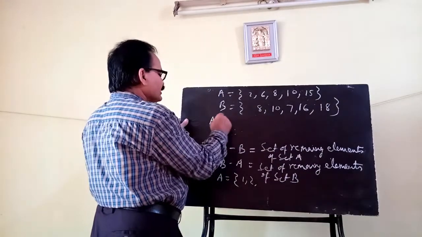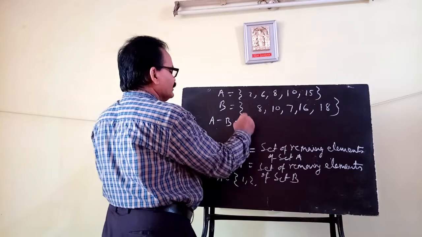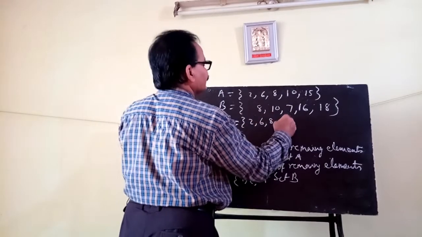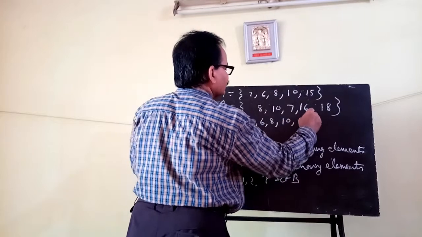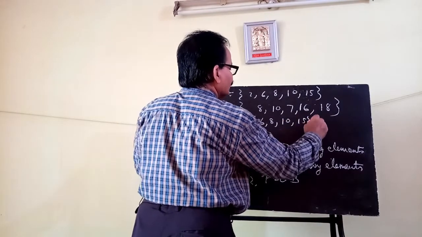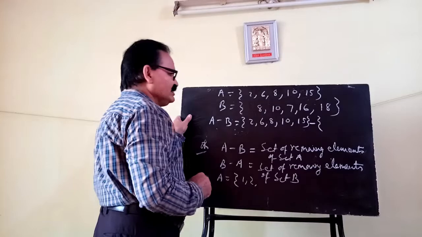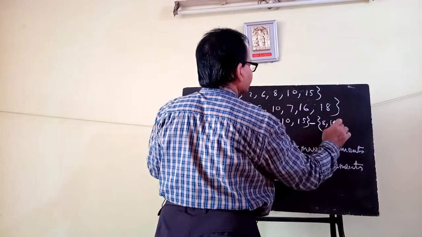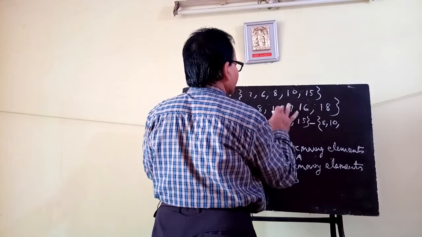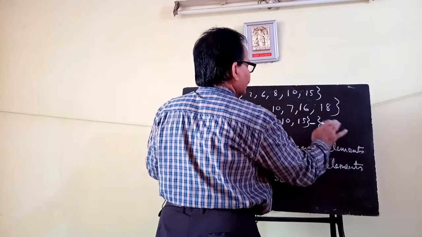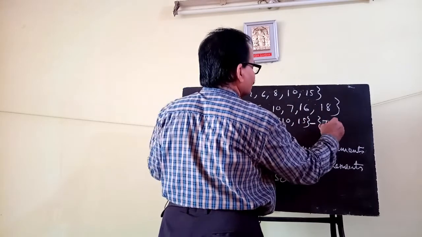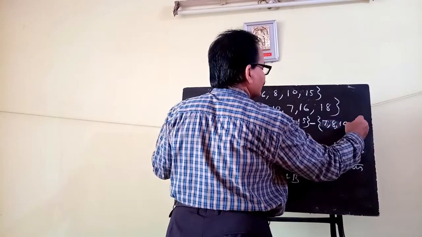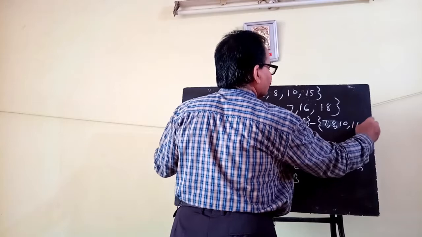So when you write A minus B, you first write the values of A: 2, 6, 8, 10 and 15. Close the bracket, put a minus sign, then write set B in sequence: 7, 8, 10, 16 and 18.